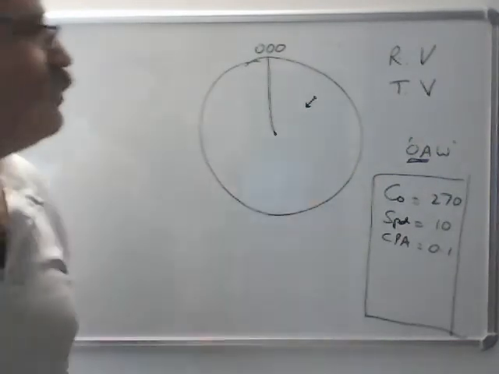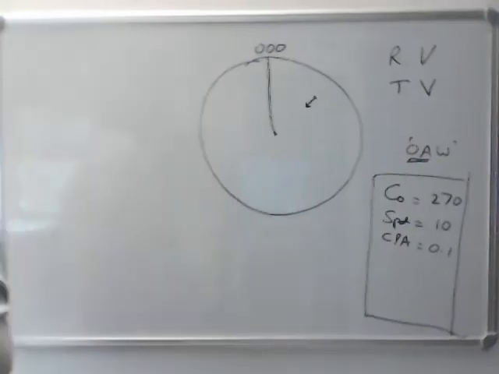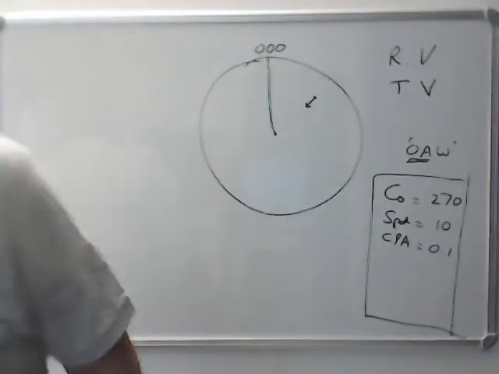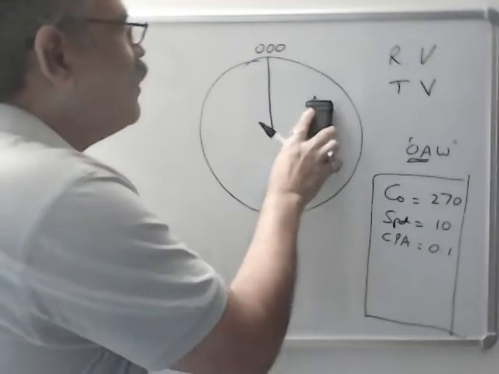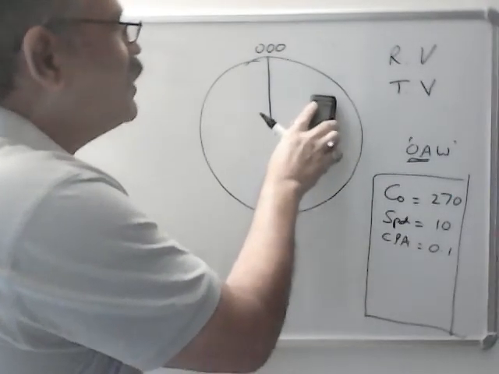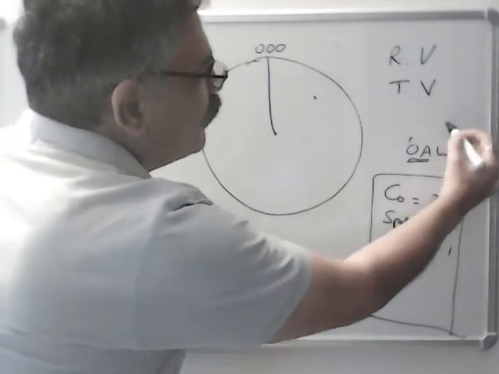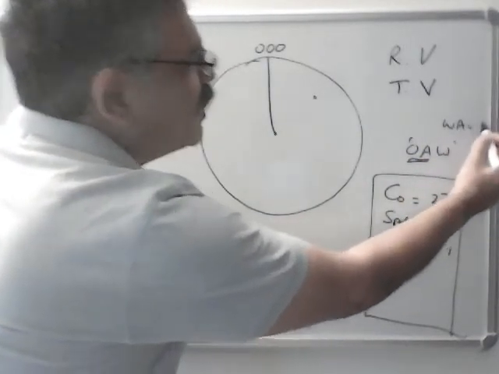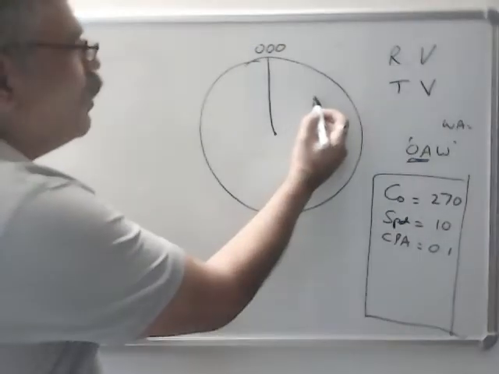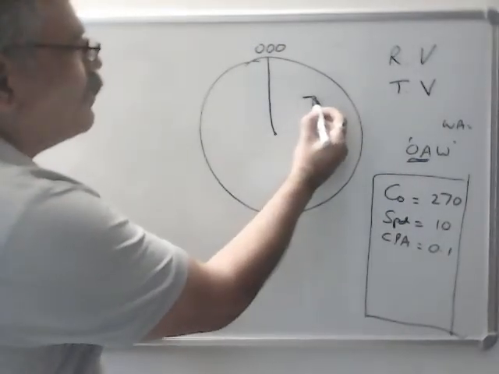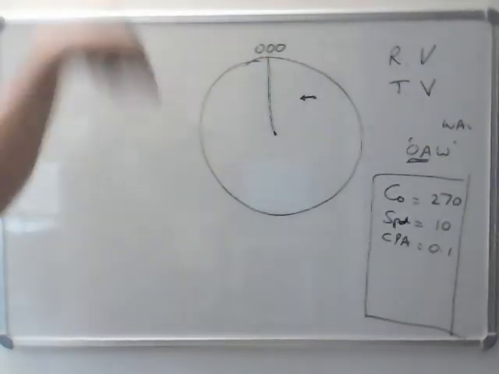Now suppose you got this information and now you select true vector. So when you select true vector, this vector will represent in the OAW triangle, WA. That is the course and speed of the target vessel. So you might get a vector like this. Now this will match with your visual lookout.